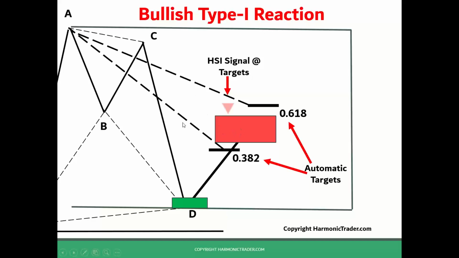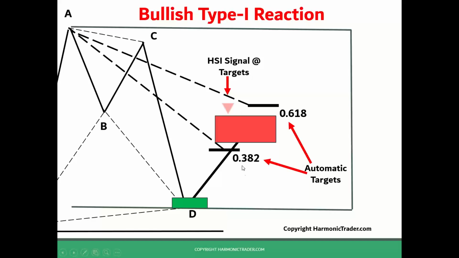That is the sequence of management where once we clear the PRZ and we get up to the 382, our next thought is, okay, if I see an HSI signal, I'm expecting the end of the reaction. We'll look at how this behaves in that zone, but that's the essential type 1 reaction response. That's the trigger for the management.